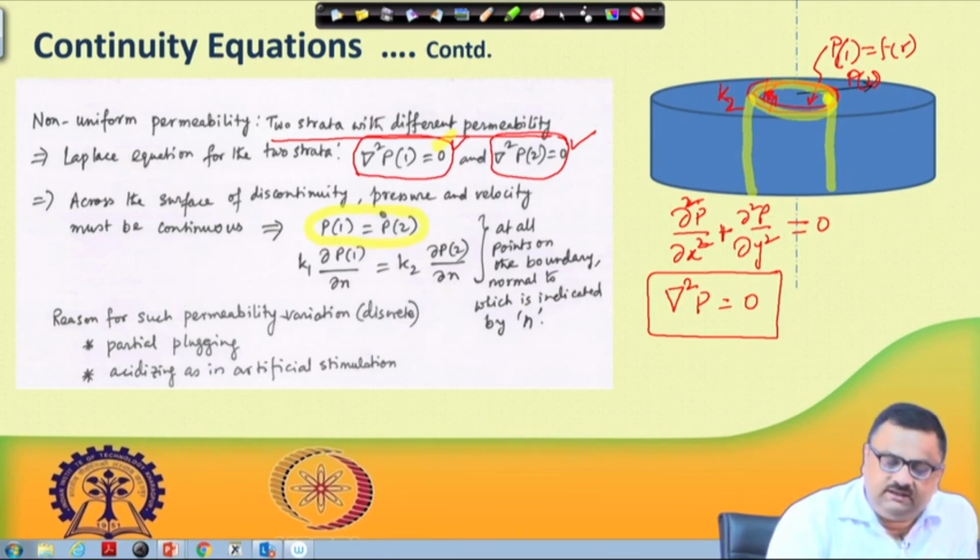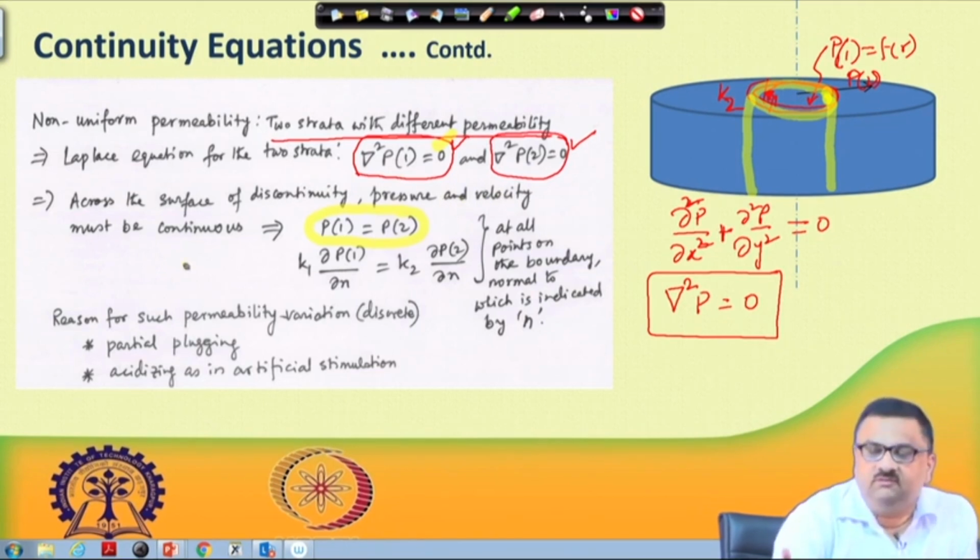And the second thing is that K1 del P1 del N is basically the negative of VR at this location. What you are doing here is, at the surface of discontinuity, you are matching pressure and velocity. You are assuming that the pressure and velocity must be continuous.